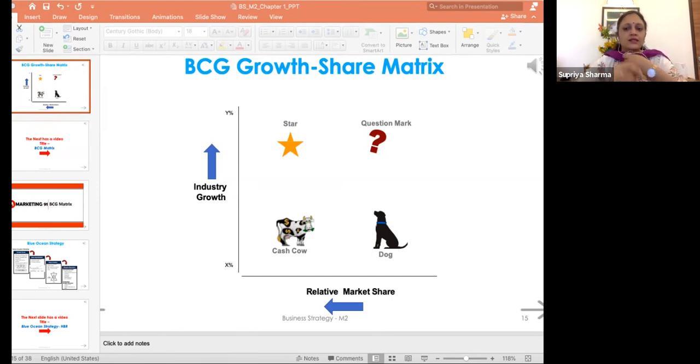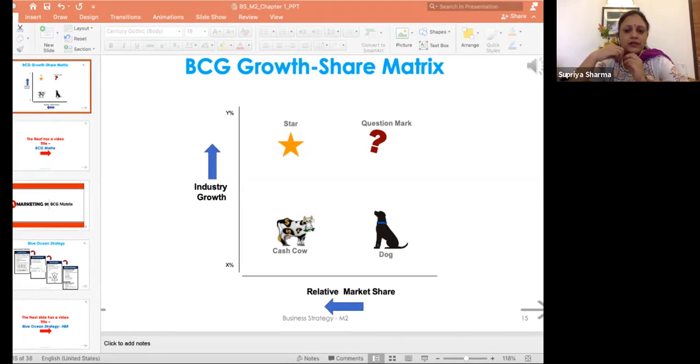These are the two parameters that are used.